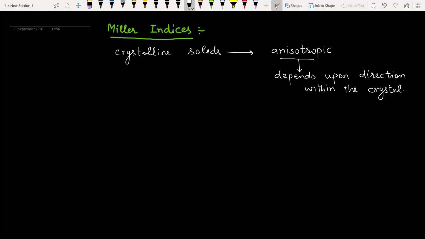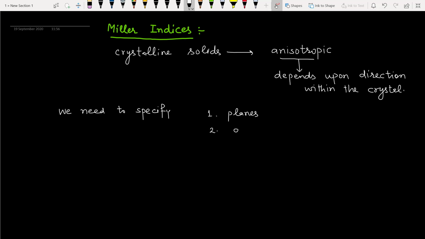So if we wish to study the properties of crystalline solids, we need to specify two things. Number one, various planes present in a crystal.